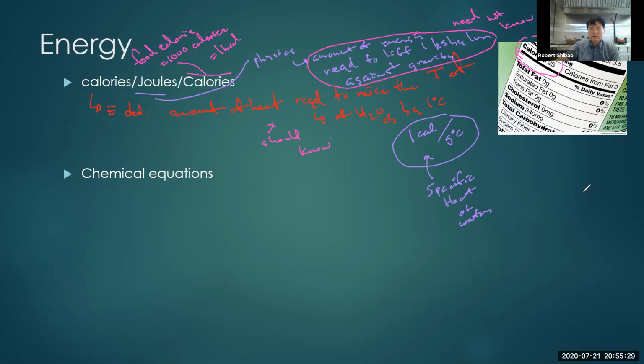So we can do conversions here. And one of them is a joule. A joule is not that much energy, really. A joule is actually a smaller amount of energy than a calorie. When we do the relationship using physics, we can come up with the relationship here.